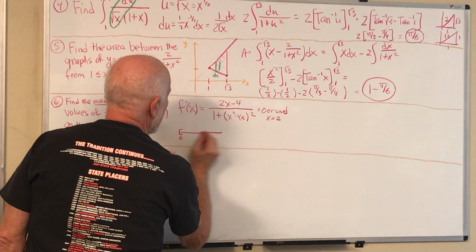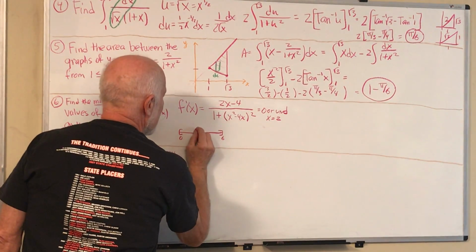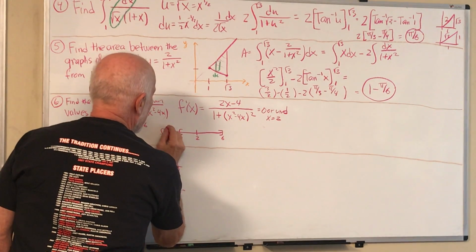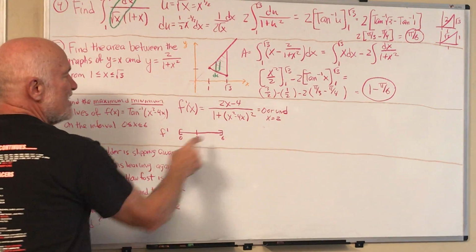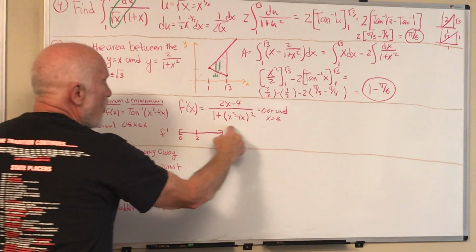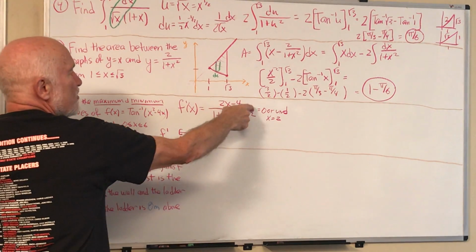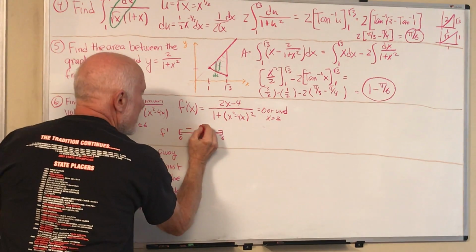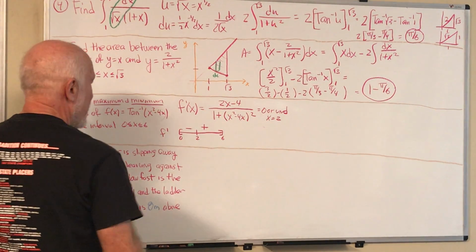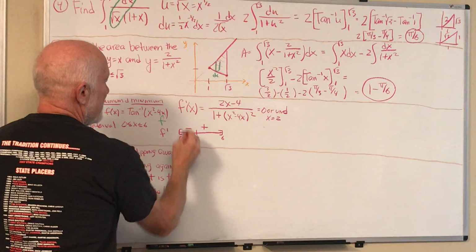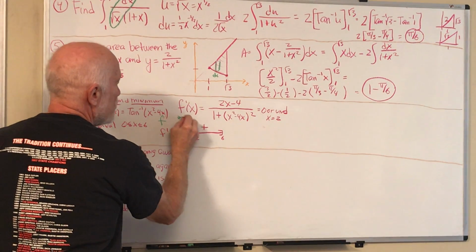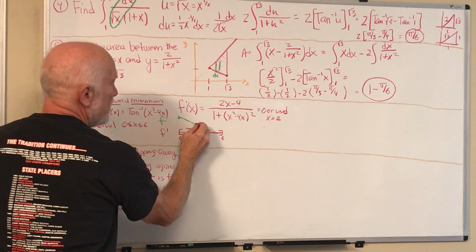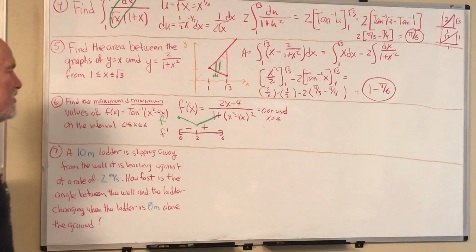So our domain is from 0 to 6. That's our only critical value. And I can see, since the denominator is always positive, that the whole derivative is going to be negative until you get to 2, and then it becomes positive. So the function f starts out at something, goes down until it gets to 2, and then it goes back up because the derivative is positive.